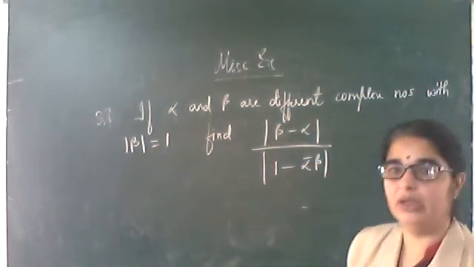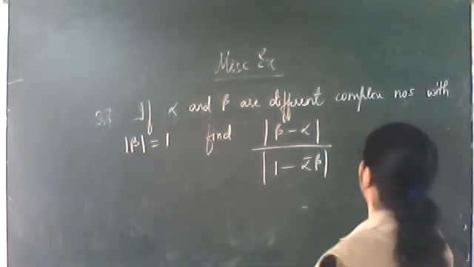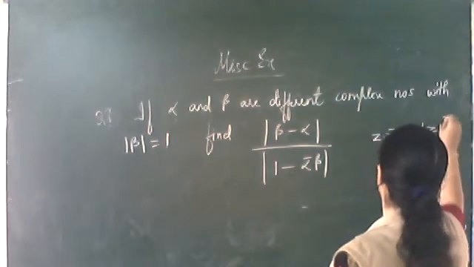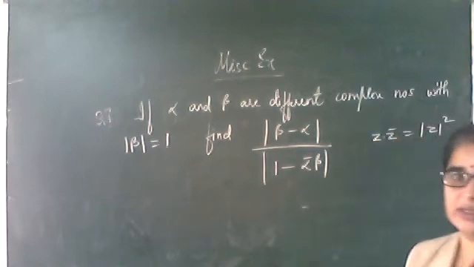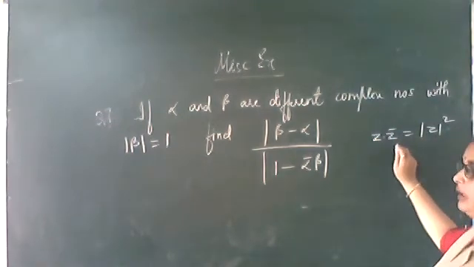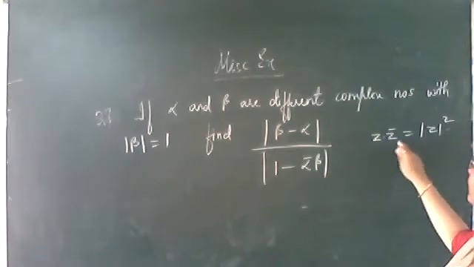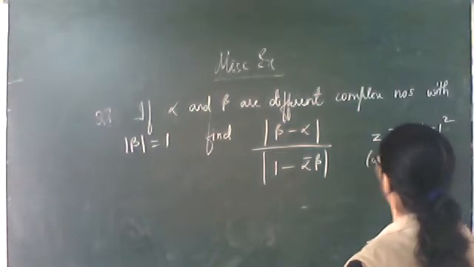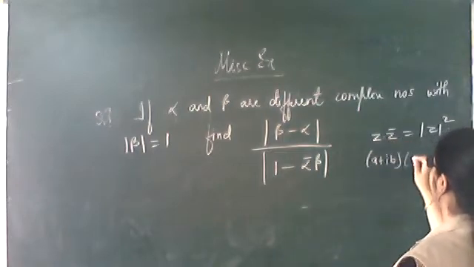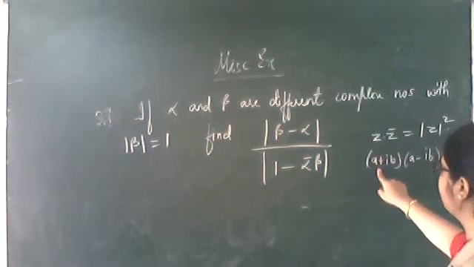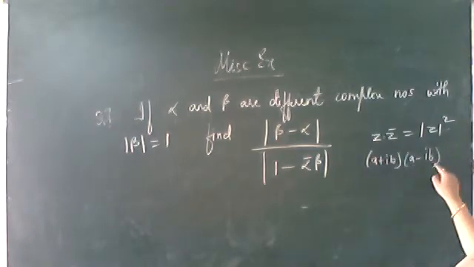Now here what we will apply, just see, we know that z into z conjugate is equal to modulus of z square. This we have studied in our previous classes. You can try it out also. Suppose z is a plus iota b, then z conjugate will be a minus iota b.